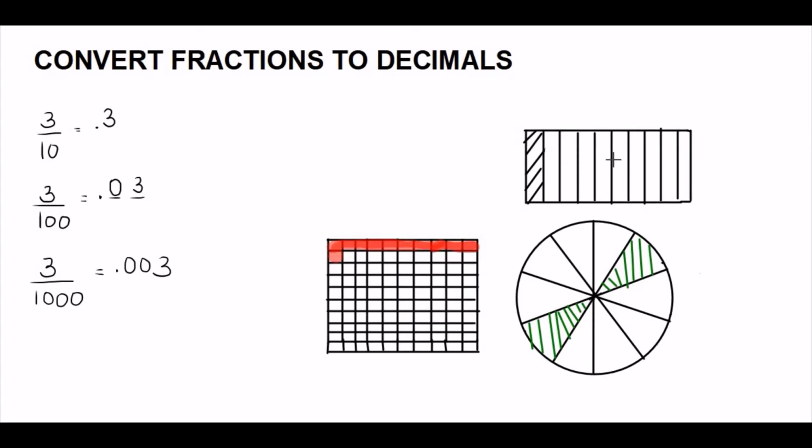Sometimes you will be asked to write fractions from the figures. What is a fraction? A fraction is how many parts you have of a whole. That is, if a whole is divided into equal parts and if some parts are shaded, you will be asked how many parts of that whole is shaded. So here there are 10 equal parts, and out of the 10 equal parts, one part is shaded.